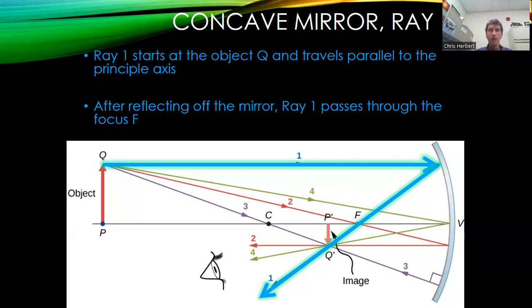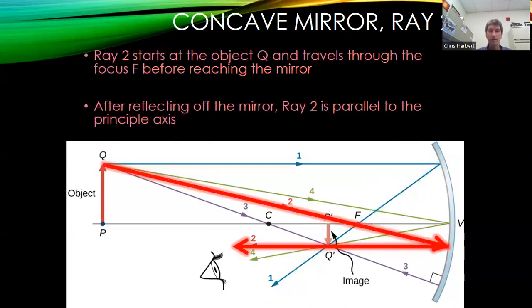All right. The next ray, the red, will pass through the focus first and then become parallel. Now, in drawing this ray, we're basically reversing what we did with the blue ray, okay? Now we're taking a ray from the top of our object. It is going to pass through the focus.